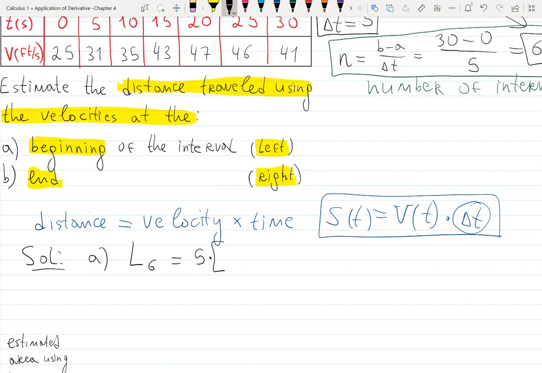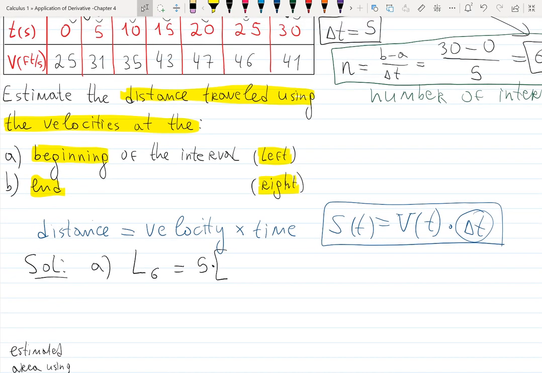Since the change in time is constant and it's 5, I can just factor 5 out. Now I can add all the velocities from the table. Look at the second column. If I'm using left endpoints, then I start from the left. I will have v at 0 plus v at 5 plus v at 10 plus v at 15 plus v at 20 plus v at 25.